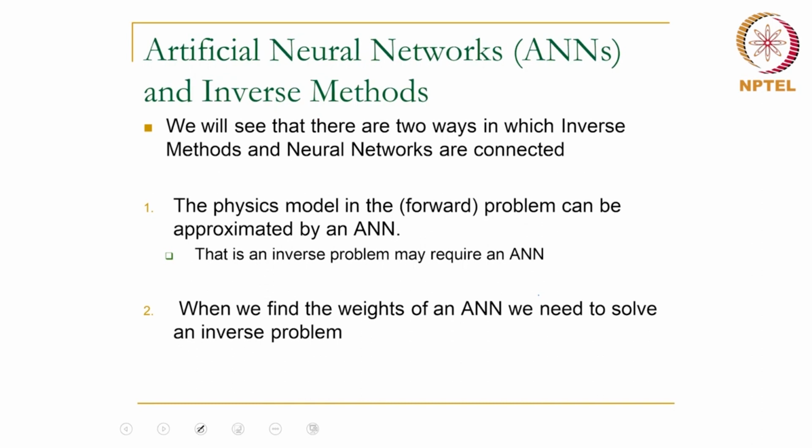This will be a little confusing when I say it first, but it is ironic that in order to solve an inverse problem, you need a neural network, and in order to find out which neural network it is, you will have to solve another inverse problem. So inverse problems require ANNs, and ANNs will require another inverse problem.